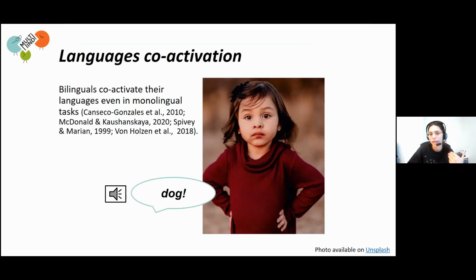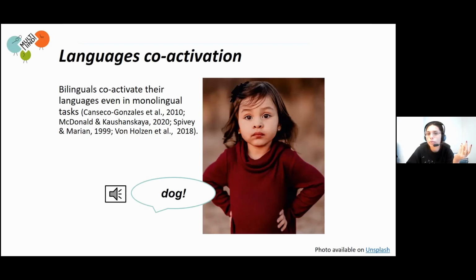But this process of co-activation also activates words that sound similar, not only the translation of the words. For example, let's say that she hears again the word "dog", but in this case she thinks of "dedo", and "dedo" means finger in Spanish.